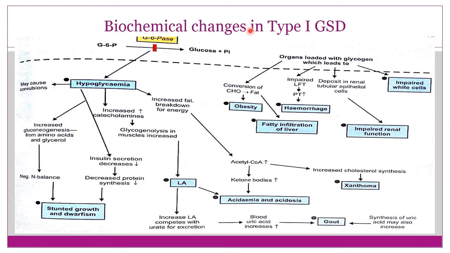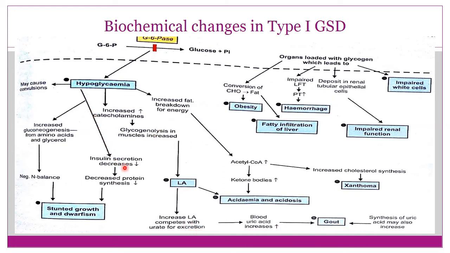Now we see all the biochemical changes we studied before. Now we can summarize that the hypoglycemia condition can give rise to increased fat breakdown. Increased catecholamines will cause increased glycogenolysis in muscle, and due to this lactic acid will increase, and increase in lactic acid will cause gout.